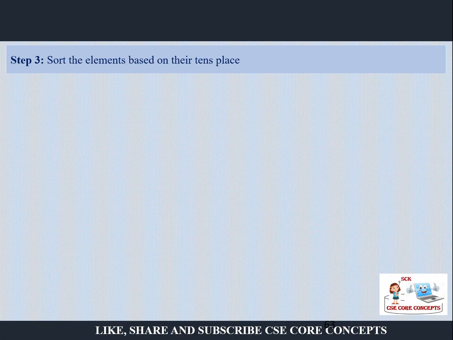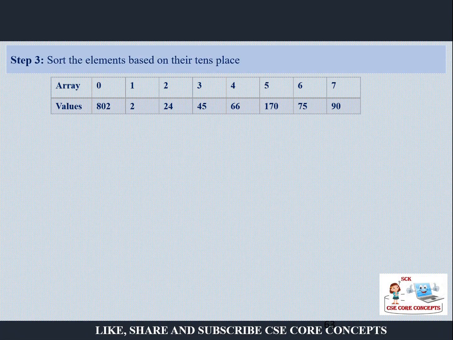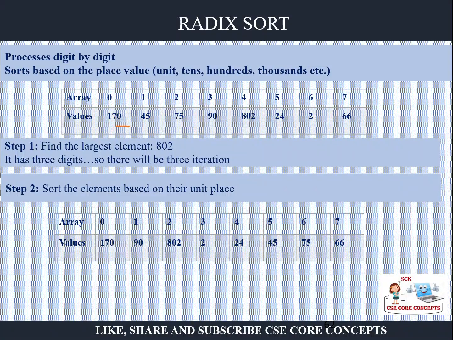In the second iteration, we are going to sort the elements based on their tens place. Tens comes after the units place, so the tens place is the second digit. If you look at this array, is there a 0 at the tens place? Yes, 802. So 802 will now come at the beginning.